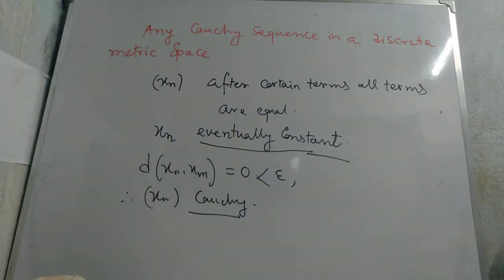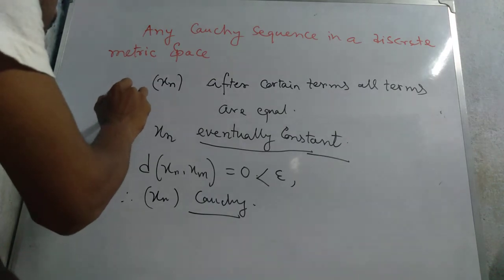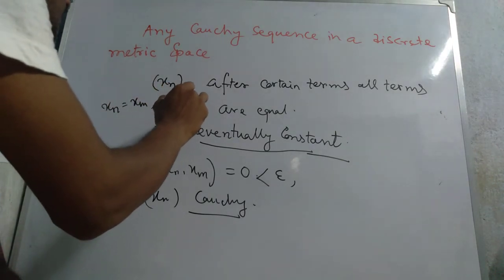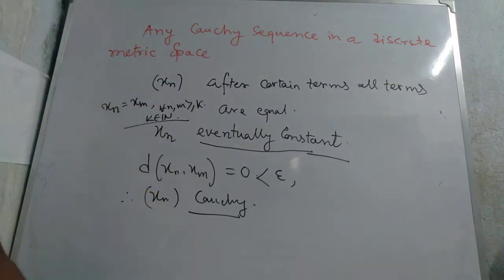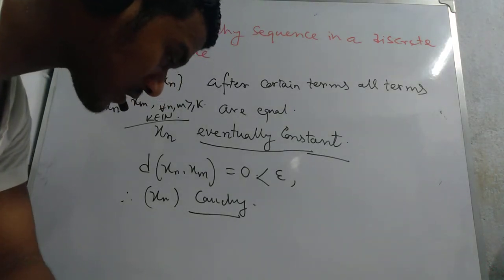That means after a certain term all terms are equal, that means x_n equals x_m for all n, m greater than or equal to k, where k belongs to N.